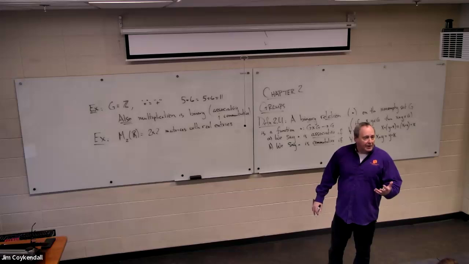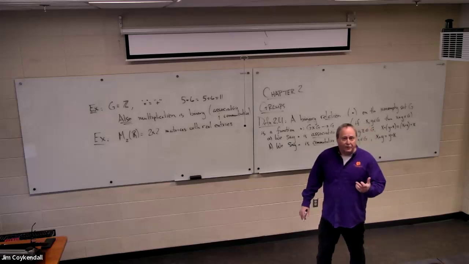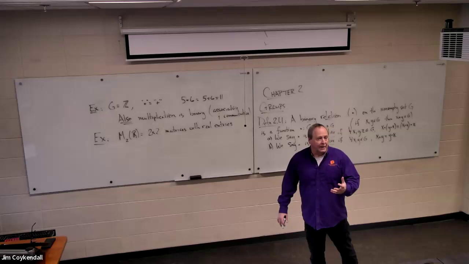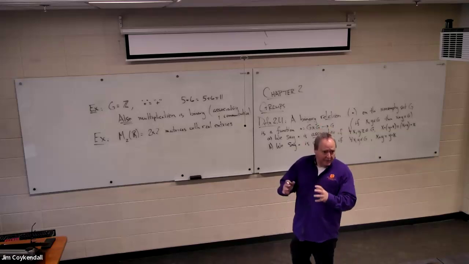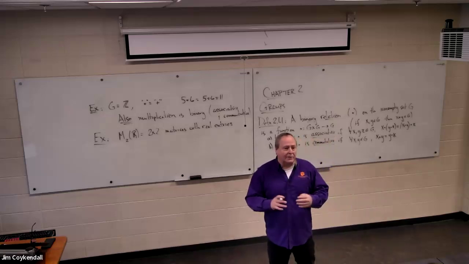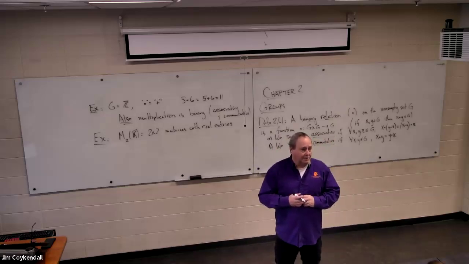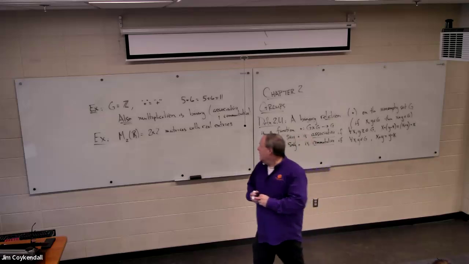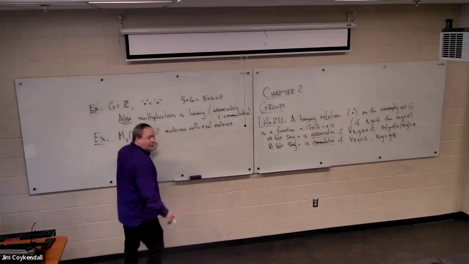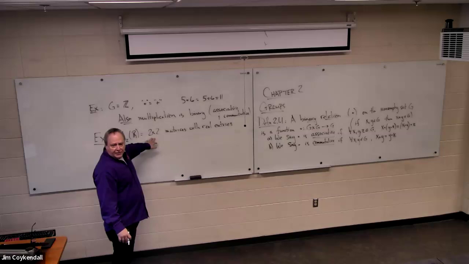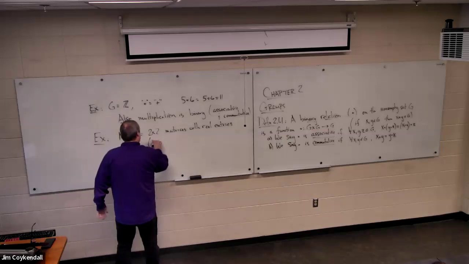But you do remember in linear algebra, when you multiply matrices, it's associative, right? A times B times C is the same thing as A times B times C if you have three square matrices of the same size, right? Everybody okay with that? So this is associative, but it's not necessarily commutative, right?